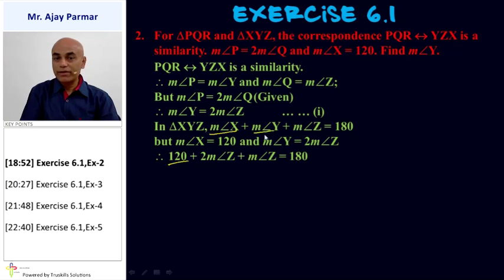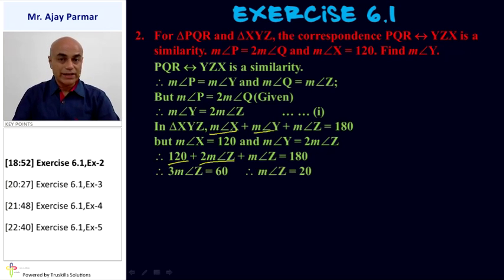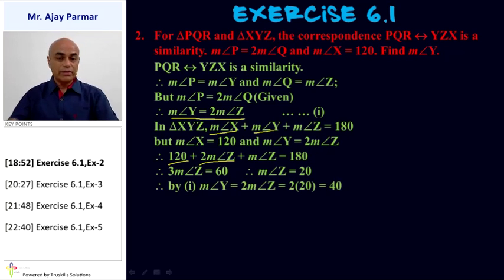Instead of measure angle Y, we can write down 2 measure angle Z. So, 2 measure angle Z plus measure angle Z is 3 measure angle Z. And 180 minus 120 is 60. So, 3 measure angle Z is 60, then measure angle Z would be 20. But we want to find out measure angle Y. So, using statement number 1, we will say that measure angle Y will be twice of measure angle Z, that is twice of 20, and that is 40.